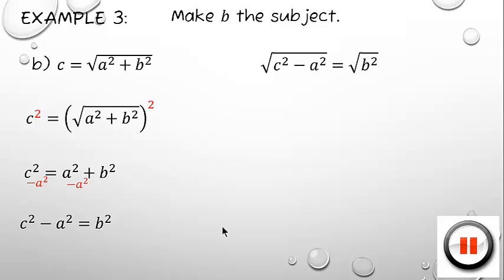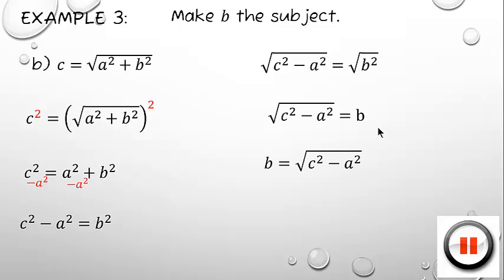Now on the right hand side, the square root and the squared cancel each other out, but we can't do it on this side, because there's more than one term there. So our answer ends up being b equals the square root of c squared minus a squared.